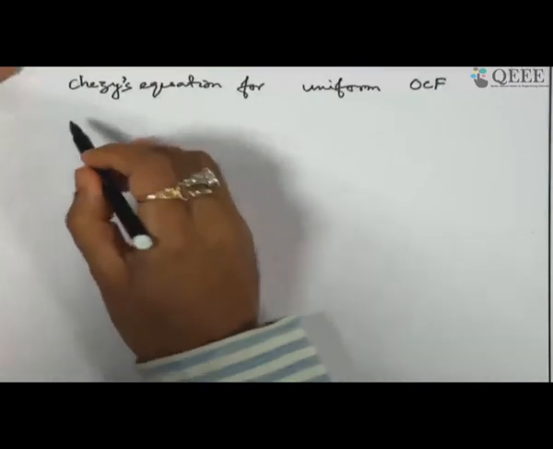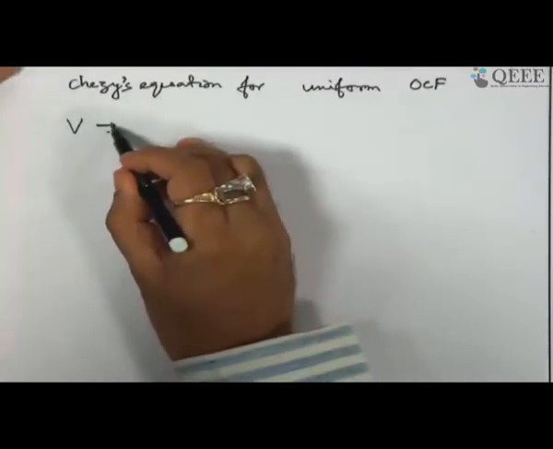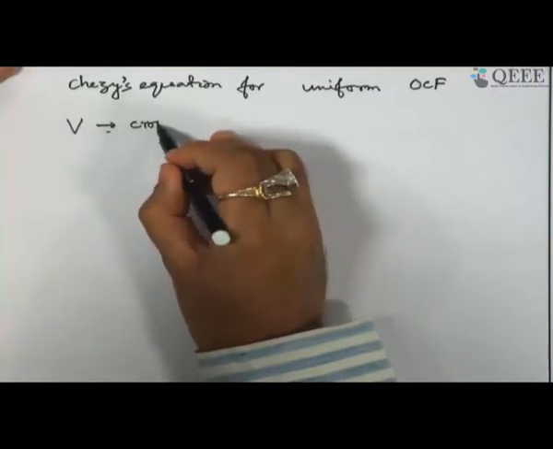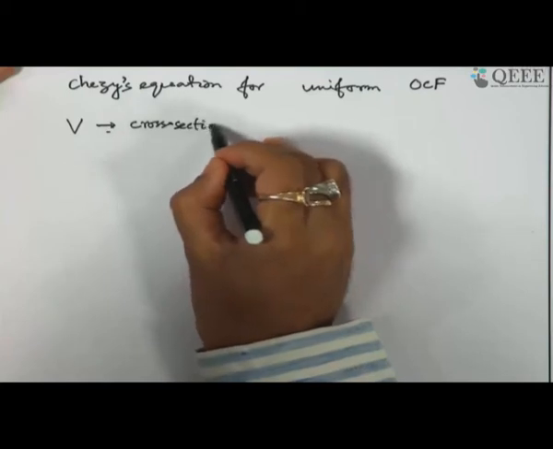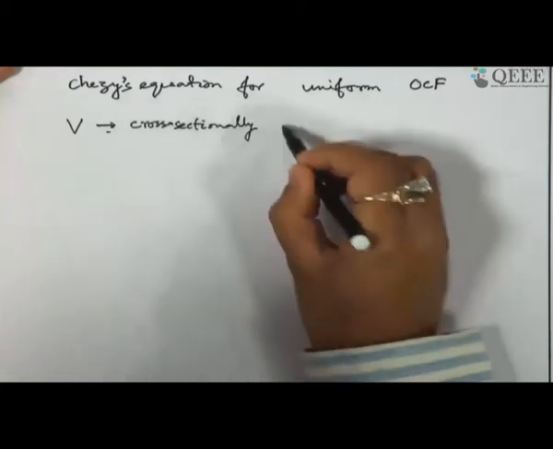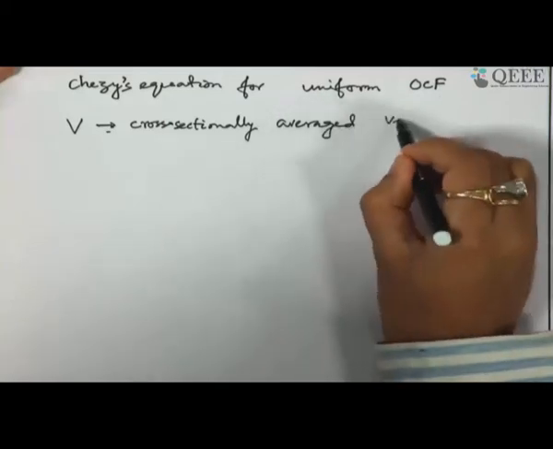You already know that V is our cross sectionally averaged velocity.